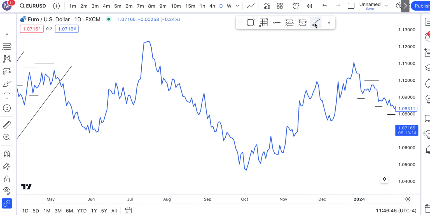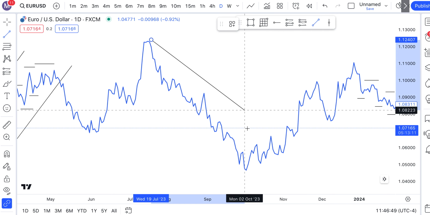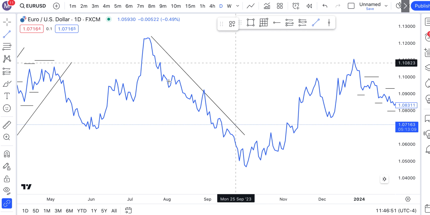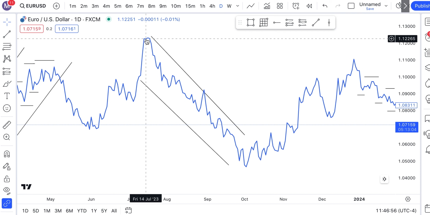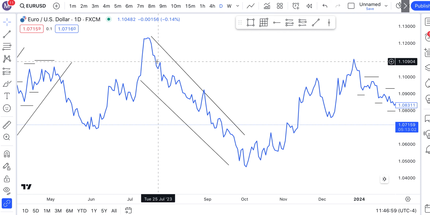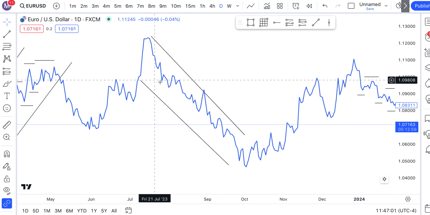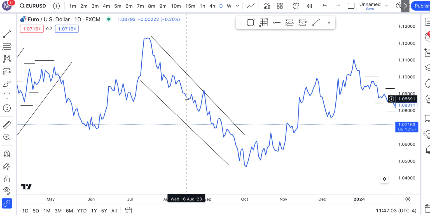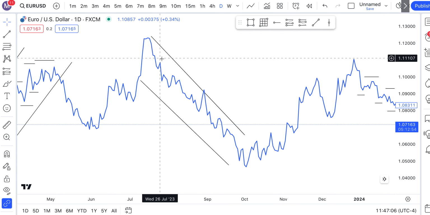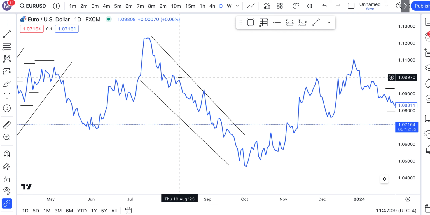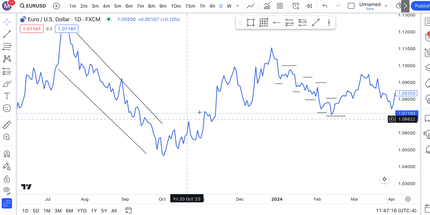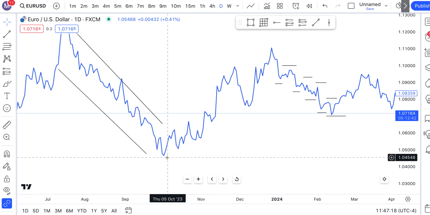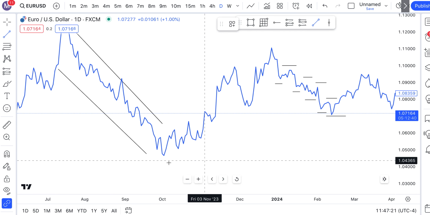Because you haven't got loads of candles in your way, and we can easily tell that this here is a downtrend, because we are making lower lows, lower lows, lower lows, and also lower highs. And same for an uptrend, we're making higher highs and higher lows.